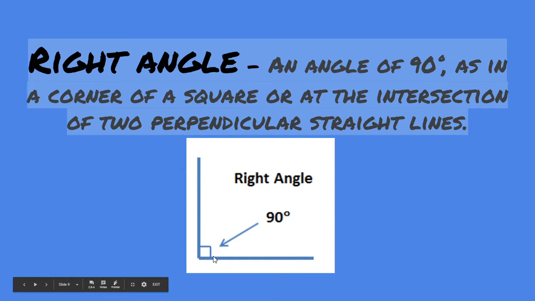In general, all angles are represented by arcs, but since the right angle forms square corners, they are represented by squares. So whenever you see this special square, you can tell that it is a right angle. The measurement of a right angle is 90 degrees.